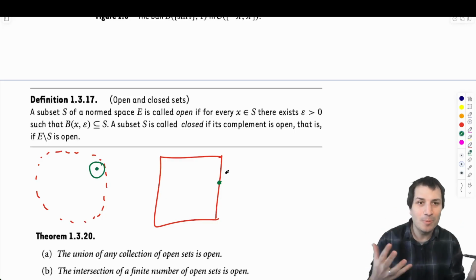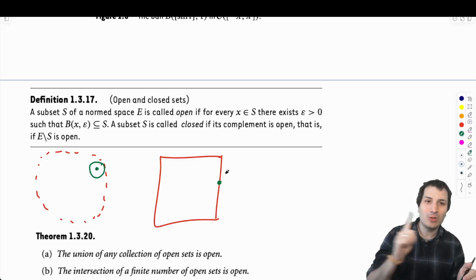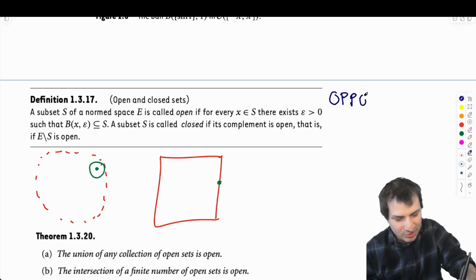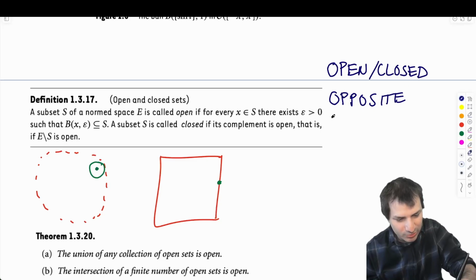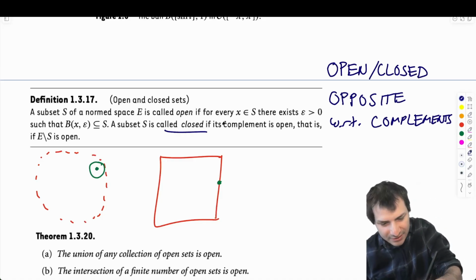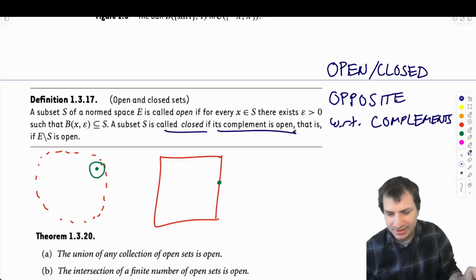The opposite of an open set is a closed set, but it's really important what you mean by opposite. Opposite here means with respect to complements. So open and closed are opposite with respect to complements, and that is what is written here. It is called closed if and only if its complement is open.